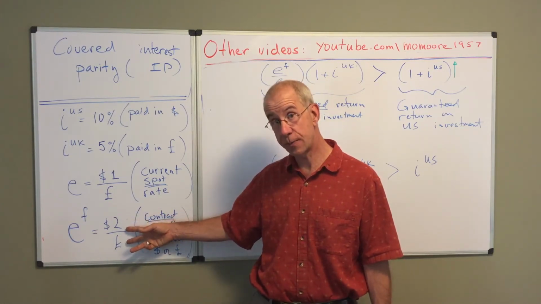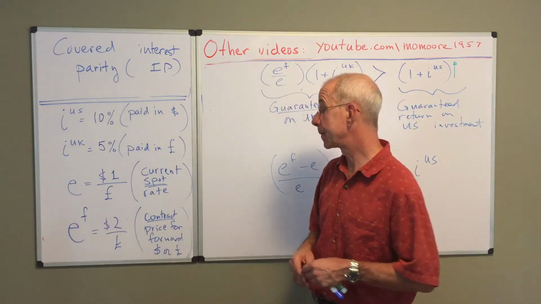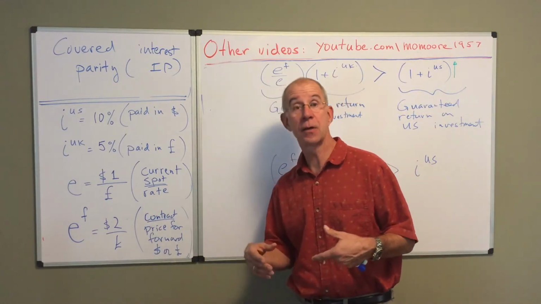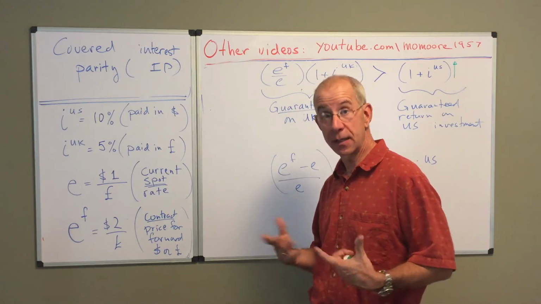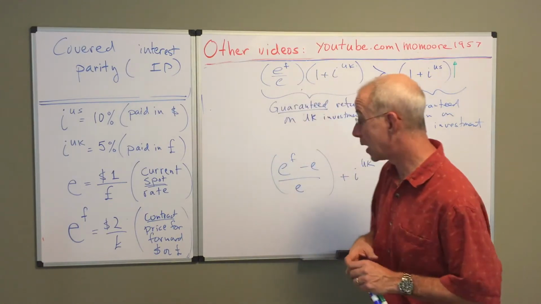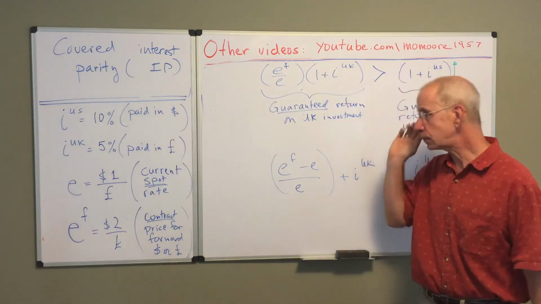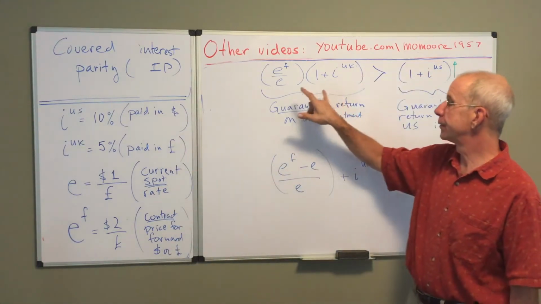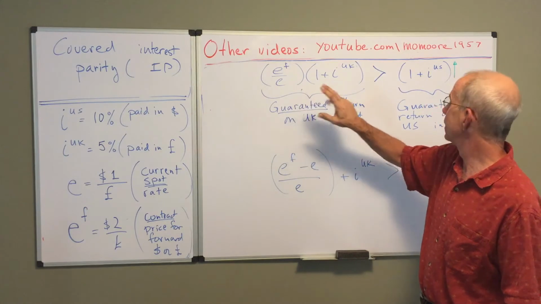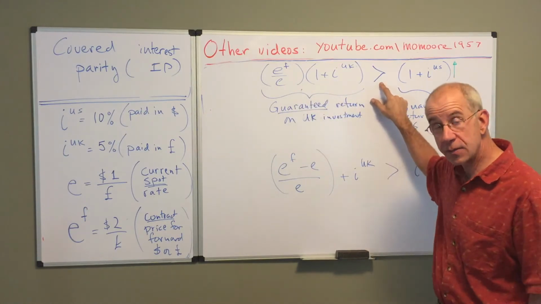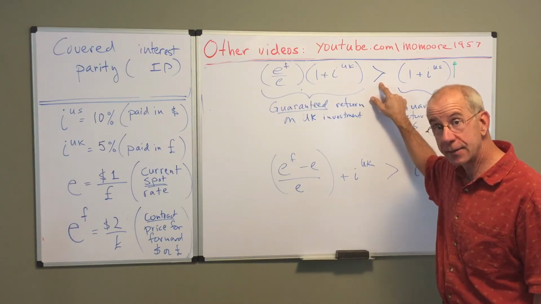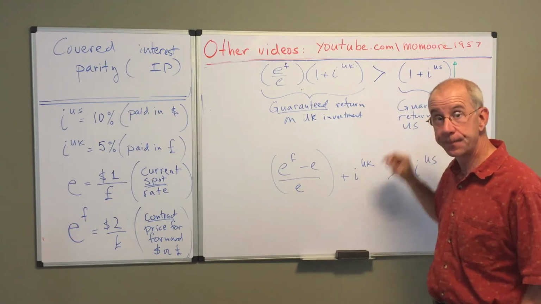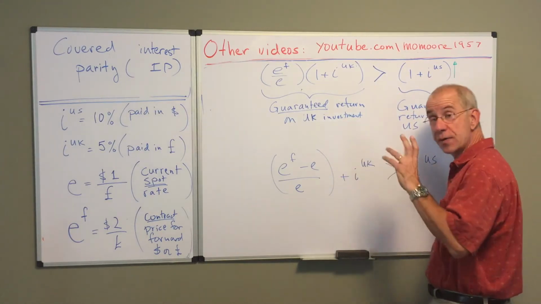So this $2 per pound reflects an underlying belief in the markets that the dollar will fall in value. Now, given these numbers, we came up with a situation where the UK investment was more attractive than the American investment. And all this was guaranteed.